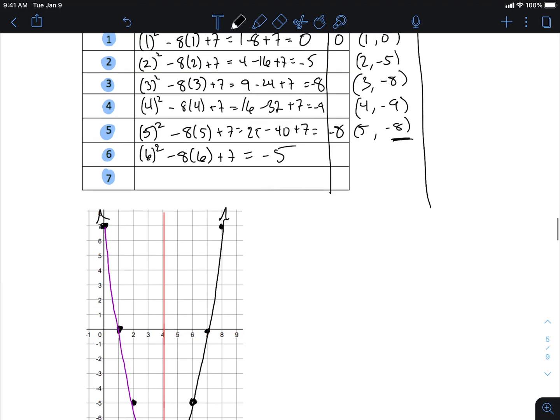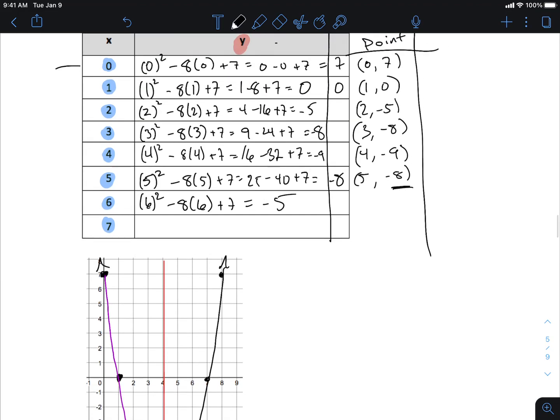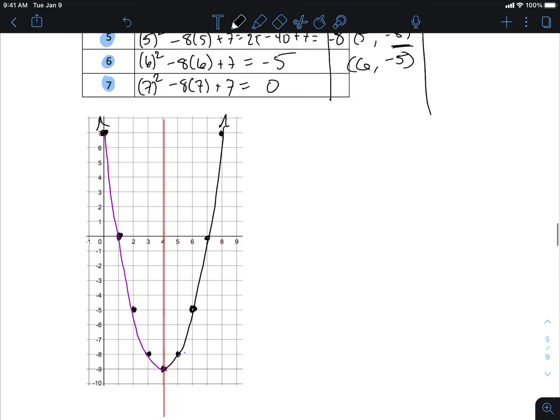I know it's negative 5 because it's the next one up from 8. Right? Then you do it again. That should be 0. You can see it. 0, negative 5.